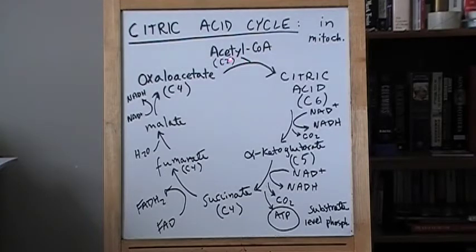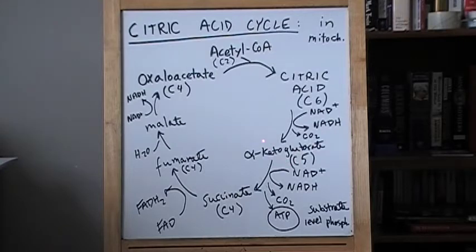The acetyl group has 2 carbons, so you're adding 2 carbons to 4, and you get a 6-carbon molecule called citric acid. The citric acid is then oxidized and a CO2 is removed. So NAD+ gains electrons, becoming NADH, and the CO2 is removed. That forms alpha-ketoglutarate. Since we removed a CO2, we removed 1 carbon, so now we're down to 5 carbons.